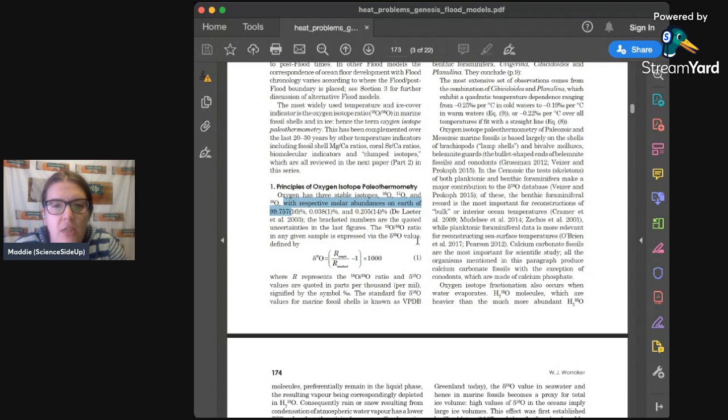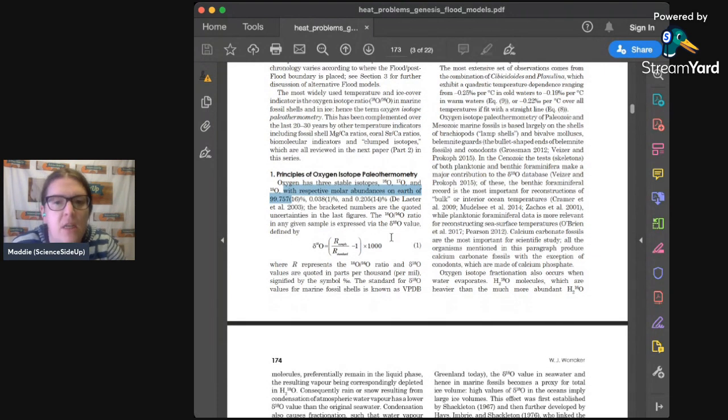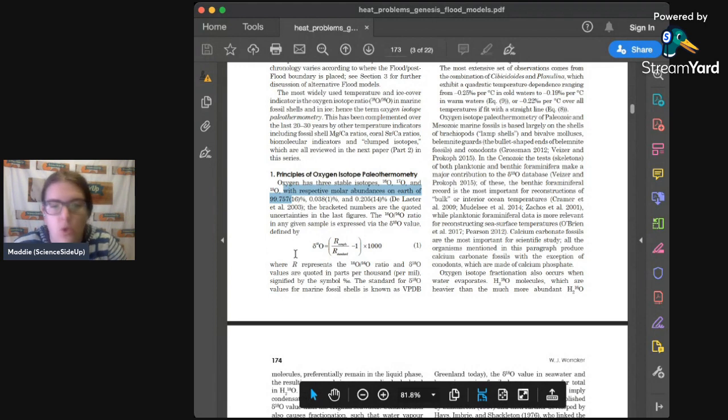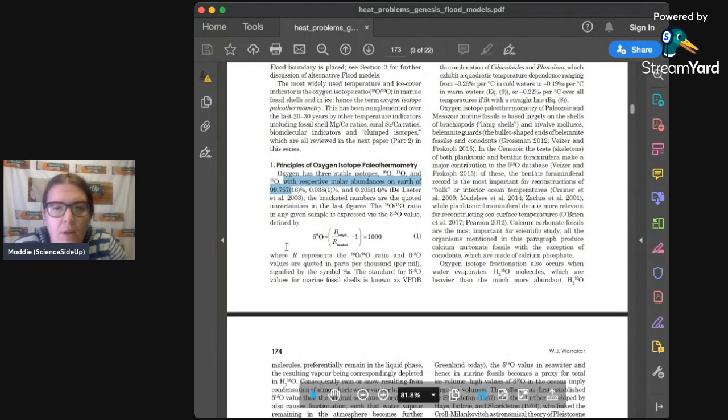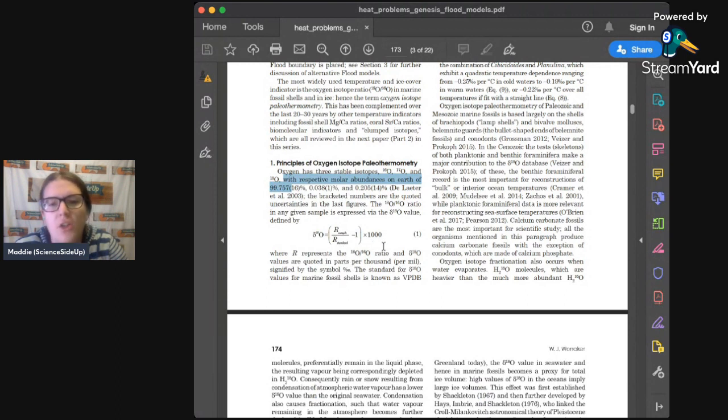And the oxygen 18 to oxygen 16 ratio in any given sample is expressed via the delta 18 oxygen value, defined by the ratio of the sample over the ratio of the standard, minus 1, times 1,000. Cool. Love that for you, where R represents the oxygen ratio.